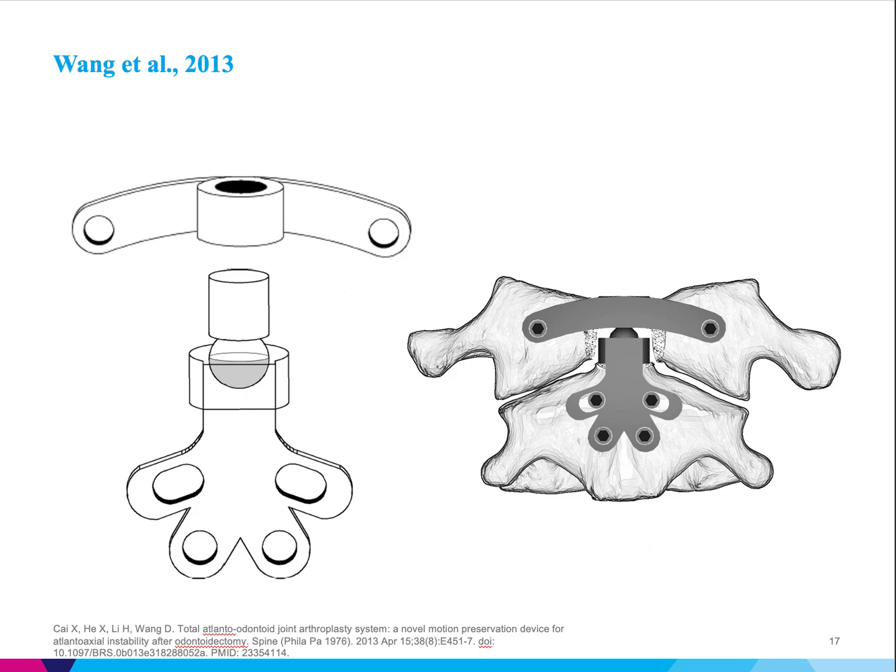In instances where you have to do that, this is a very good design because your rotation is primarily around the dens. However, if you don't have to resect the dens, then it adds additional complexity. And then also, again, the anterior approach is not a common approach, is not as familiar to spine surgeons.